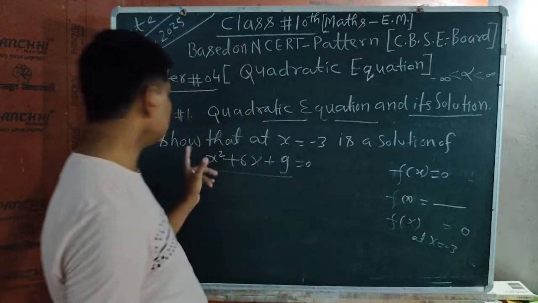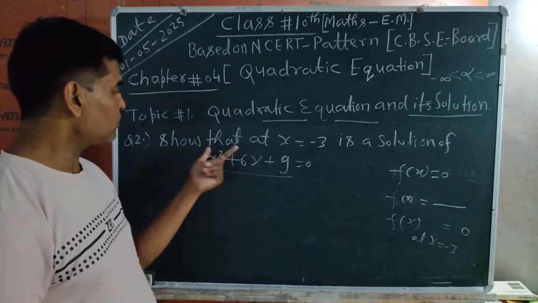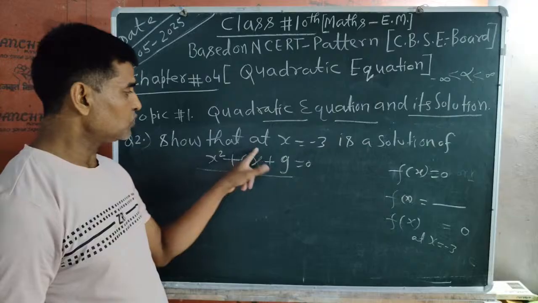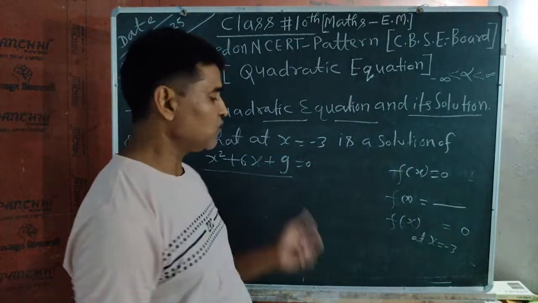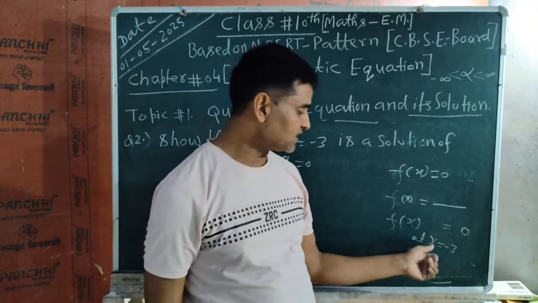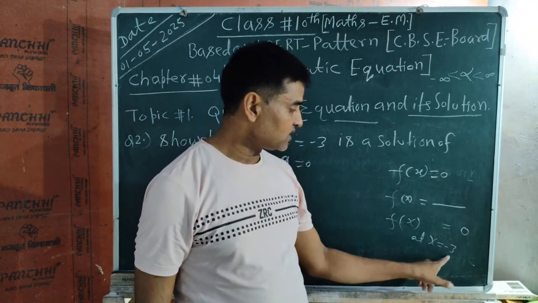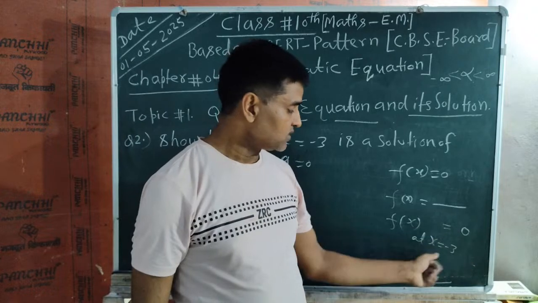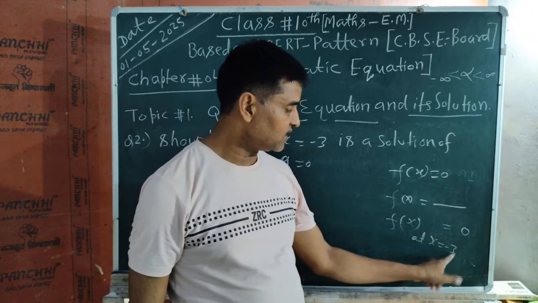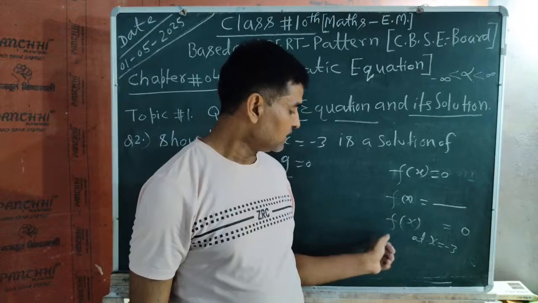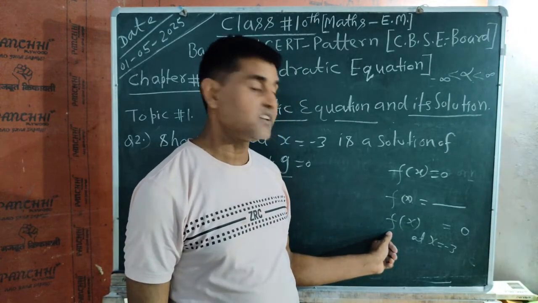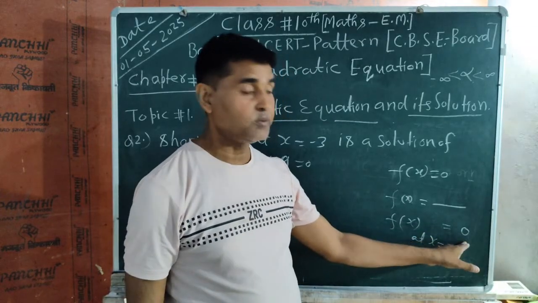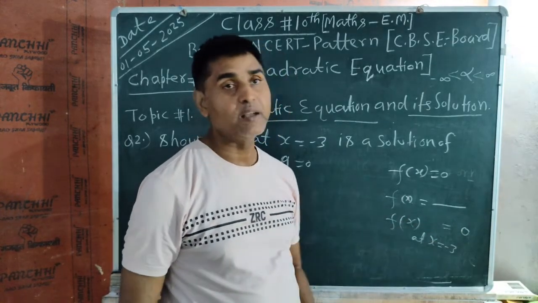Same equation is given here, and we have to show that x is equal to minus 3 is a solution of this quadratic equation. In other words, we can say that at x is equal to minus 3 it will be 0. So I will say x is equal to minus 3 is lying on this curve, and the curve is the quadratic polynomial, or quadratic equation when the right hand side is 0, so that the polynomial becomes an equation.